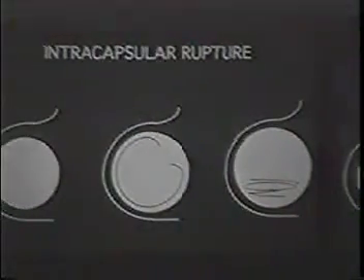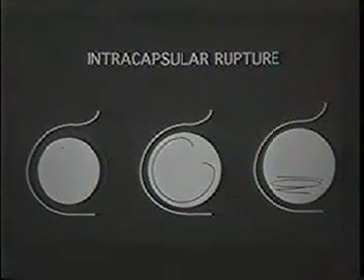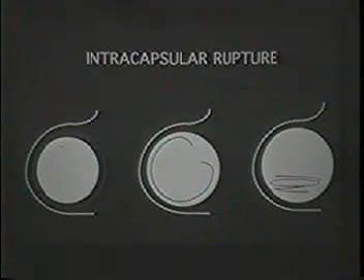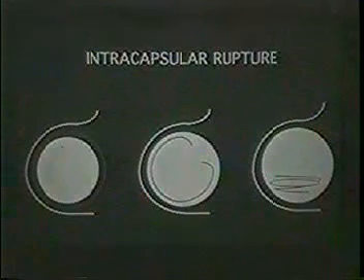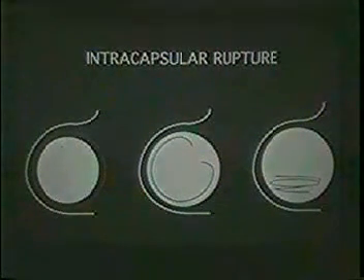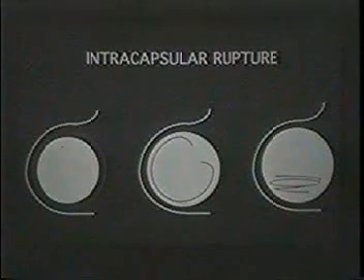Now, there are two types of rupture that can occur, and I want to explain what they are before showing the findings because it's important to understand them. If this blue line represents the breast, this red line would represent the fibrous capsule that always forms around an implant when it's placed in the breast. It's the woman's own fibrous tissue reaction, and it usually forms an intact capsule around the implant.